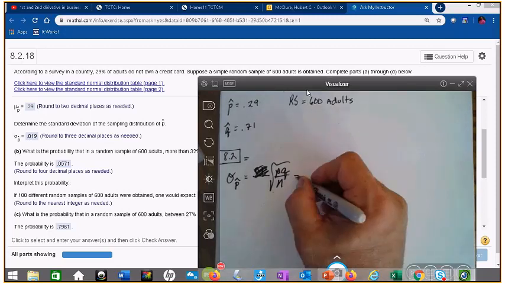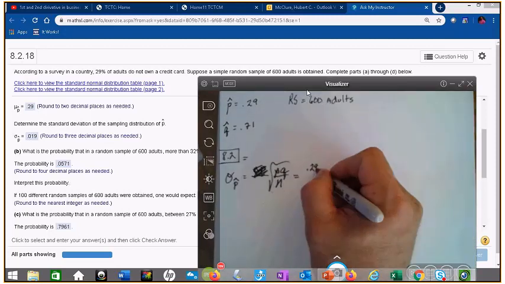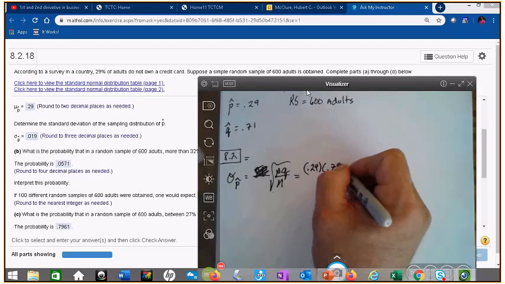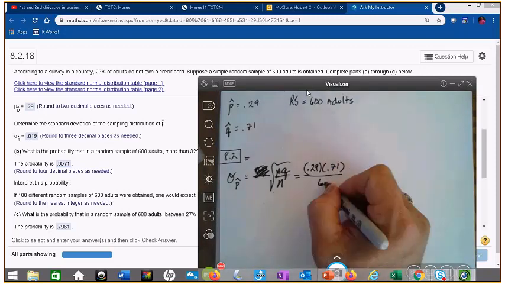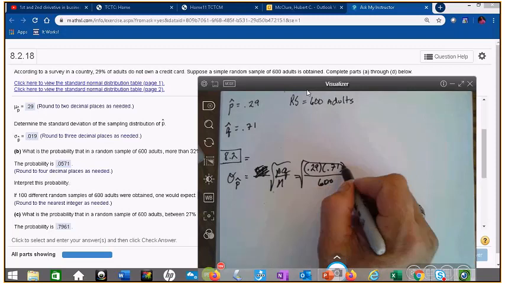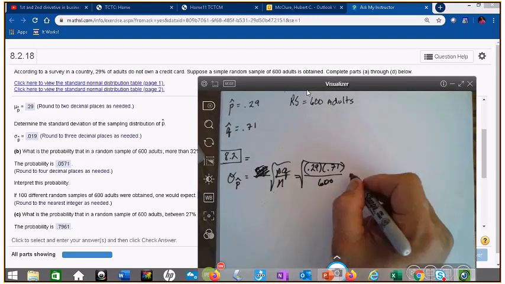And that's going to be 0.29 times 0.71 over 600, and take the square root of that number. What do you get?